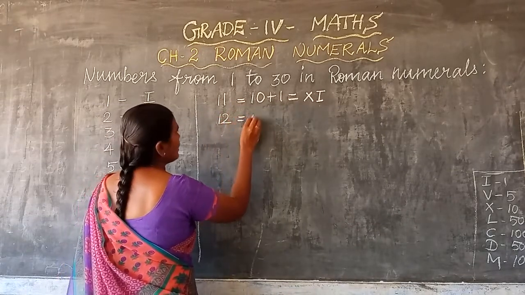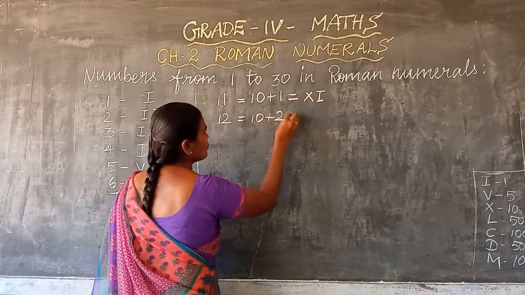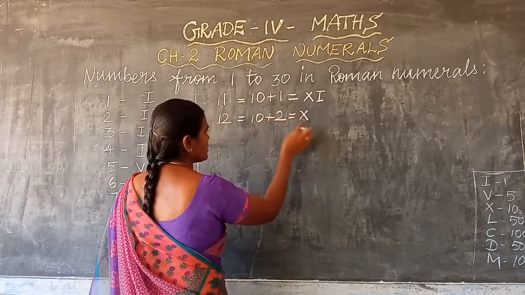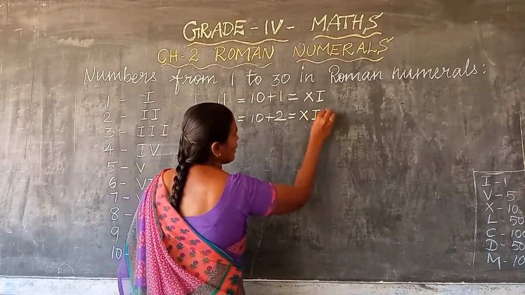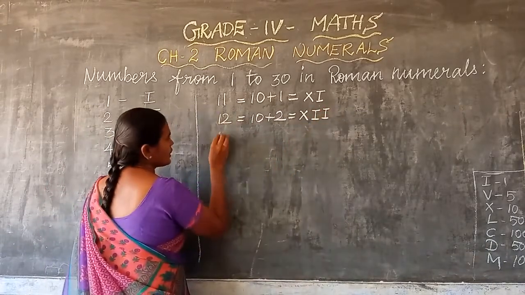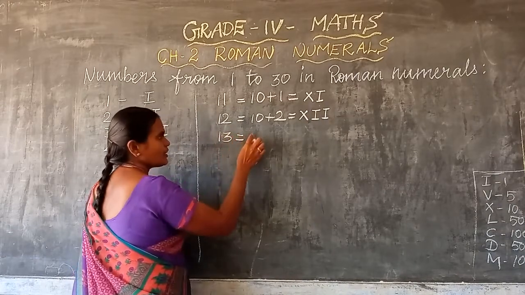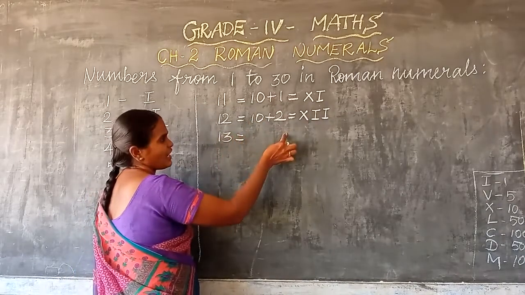Next 12. 12 means 10 plus 2. 10 means X, 2 is II. So XII. Now 13. 13 means 10 plus 3.